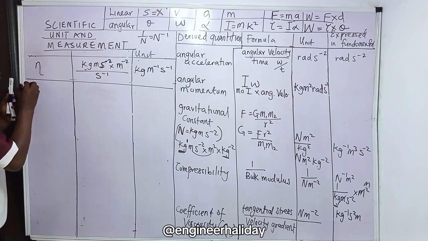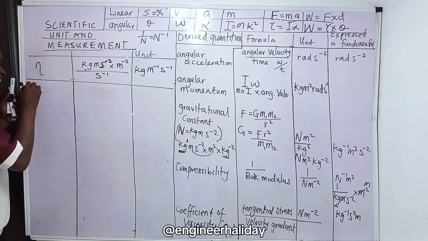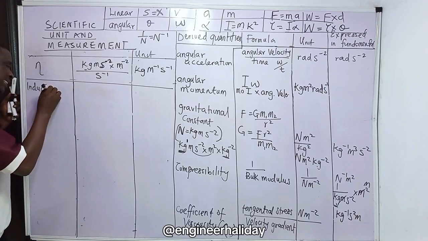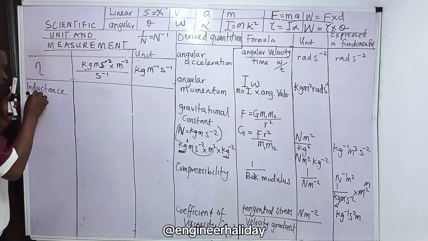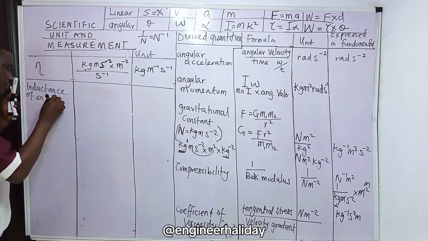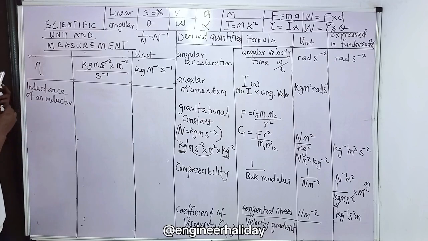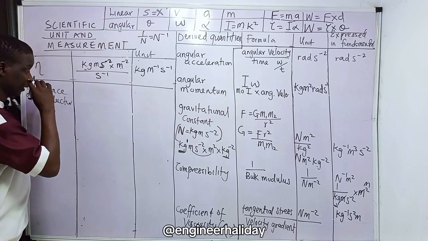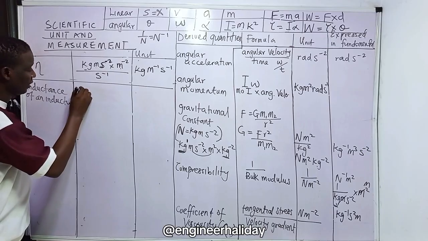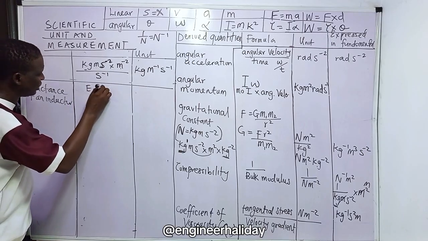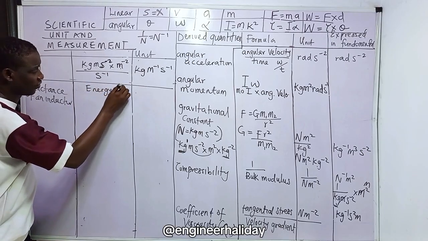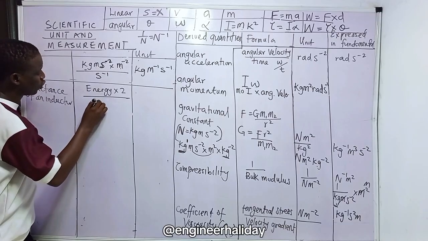We have what they call inductance of an inductor. Inductance of an inductor is measured in, you can write it as energy times 2 divided by current square.